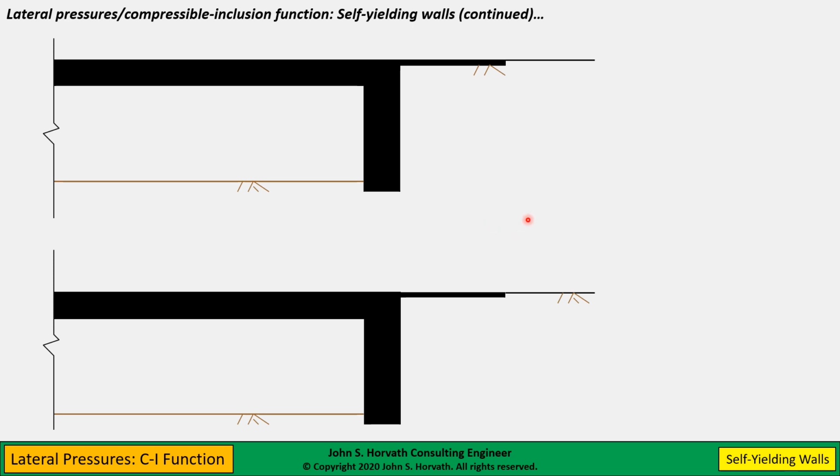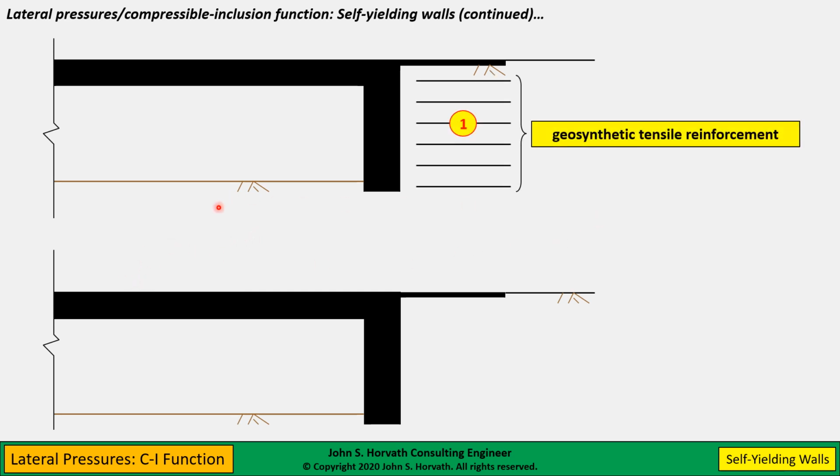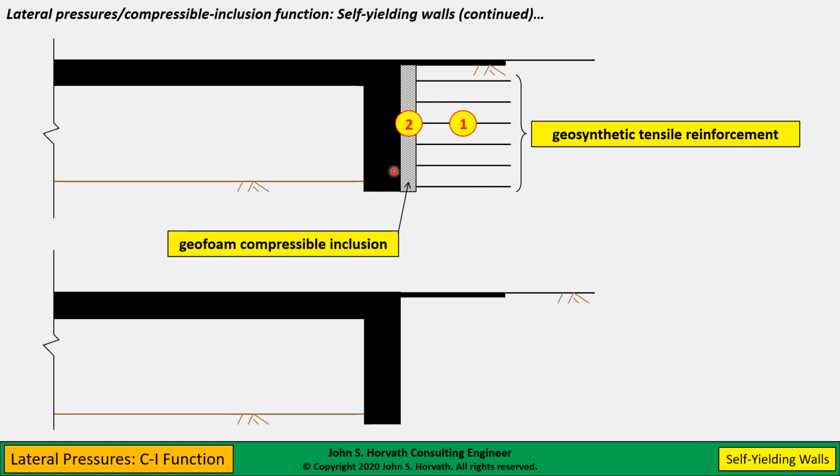Well, let me just illustrate simplistically the two choices then. If you have a fairly sound underlying subgrade, then to self-stabilize the retained soil, you'd place multiple layers of geosynthetic tensile reinforcement that will activate in a predictable fashion because you have a compressible inclusion here.